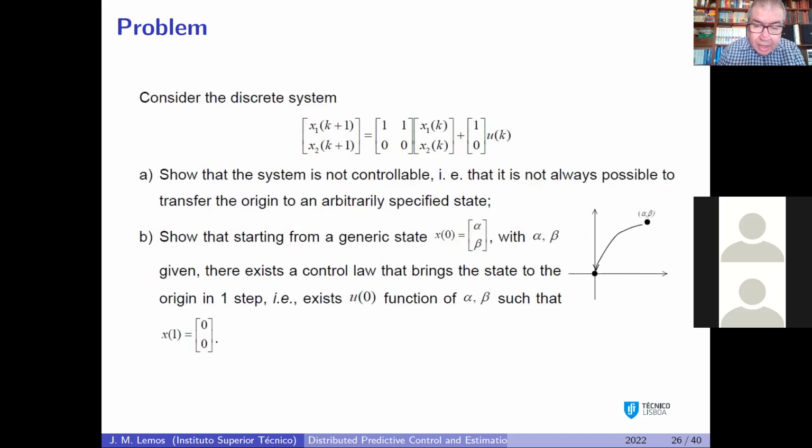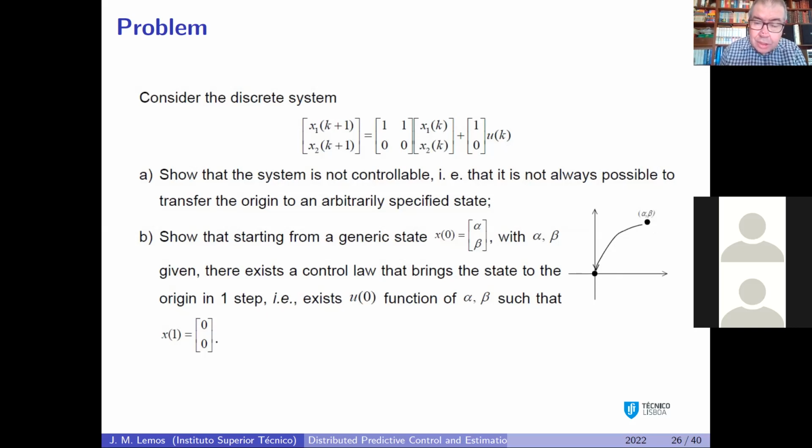So I call this concept of being able to move a state to the origin controllability to the origin. Moving away from the origin, I call it either controllable or reachable. Moving from any point to the origin, I call it controllable to the origin.